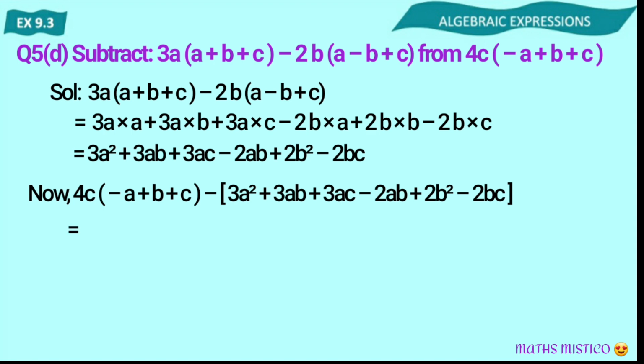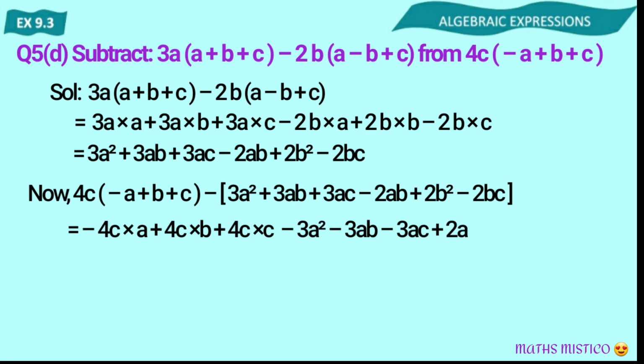So we have minus 4c into a plus 4c into b plus 4c into c. As the second bracket has minus before it, all the signs will change. So minus 3a square minus 3ab minus 3ac plus 2ab minus 2b square plus 2bc.